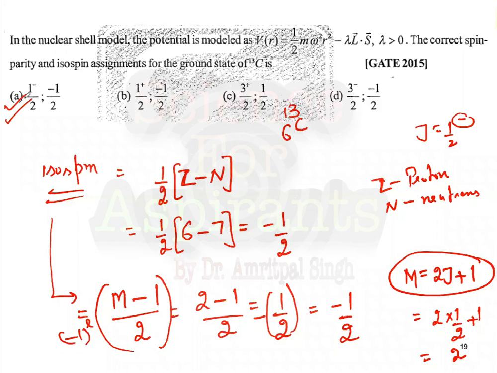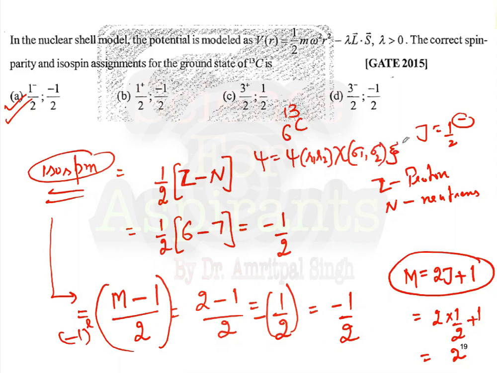Sometimes they ask you to find the isospin as well, because we know that the nuclear forces are dependent upon various types of exchange forces. Like the total wave function, it is dependent upon the space coordinate r1, r2, the spin coordinate, Pauli spin operator sigma 1, sigma 2, and the isospin coordinate tau 1 and tau 2.